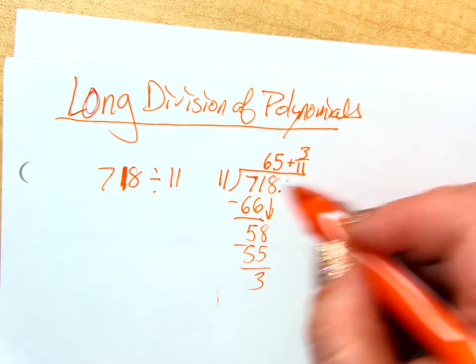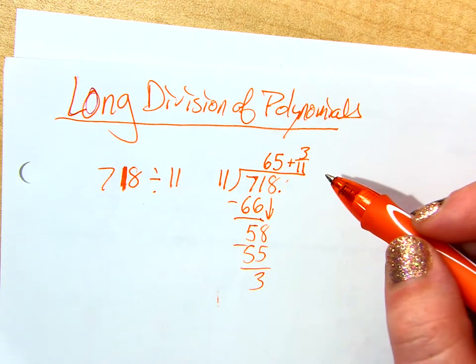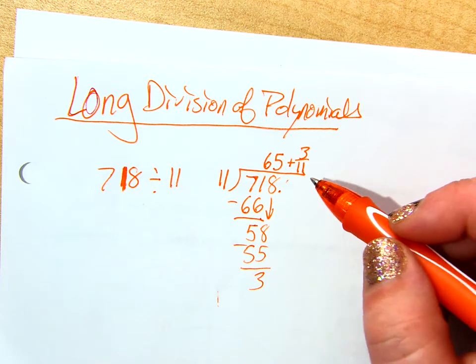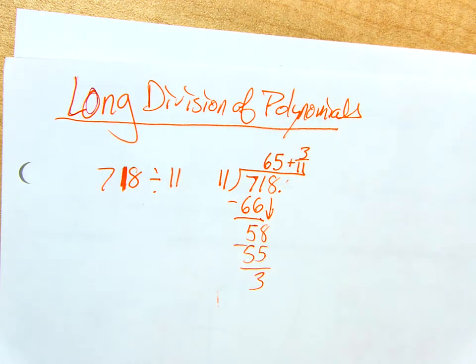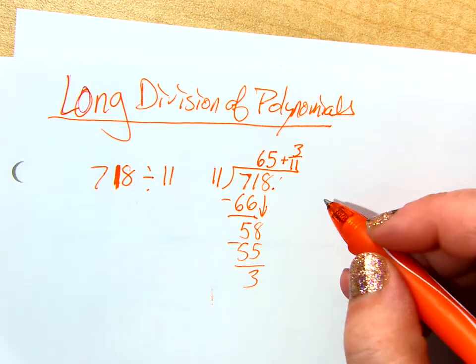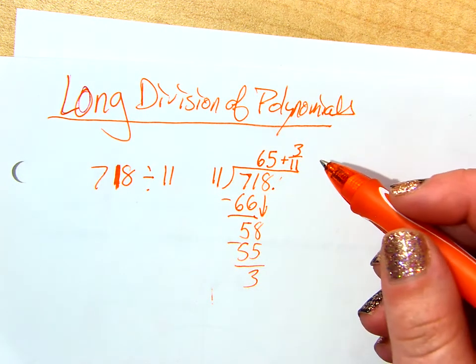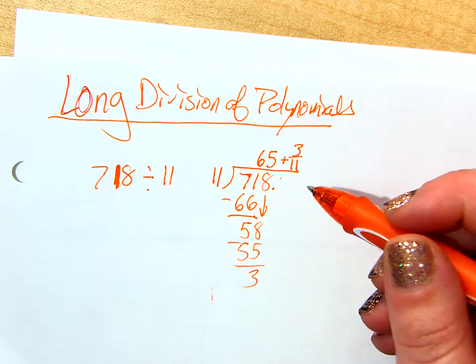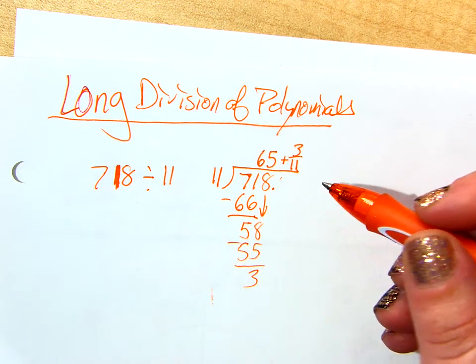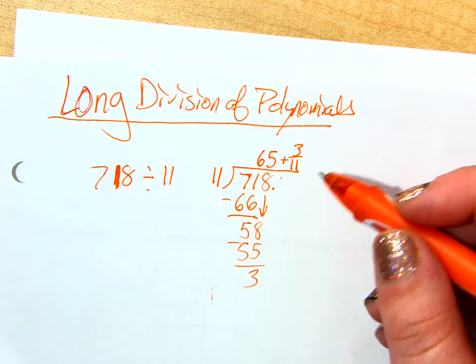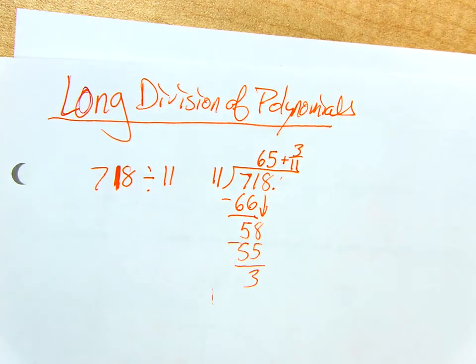So there is my final answer, 65 and 3/11ths, which means the same thing as 65 with a remainder of 3. Okay? So that's basically, we're going to follow those exact same steps with polynomials, believe it or not. It just is a little weird at first, but your algorithm is pretty much the same.